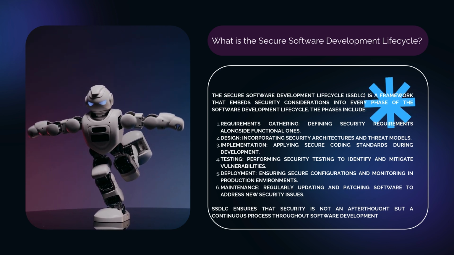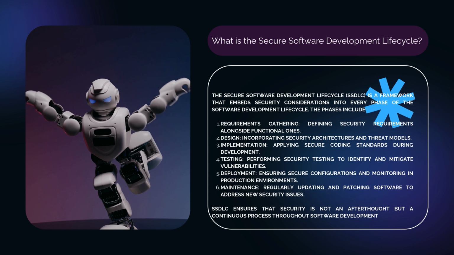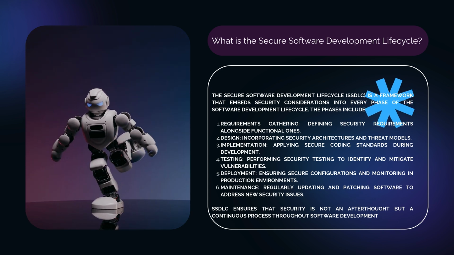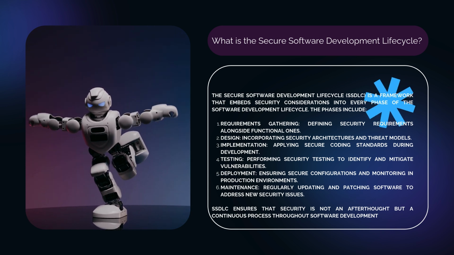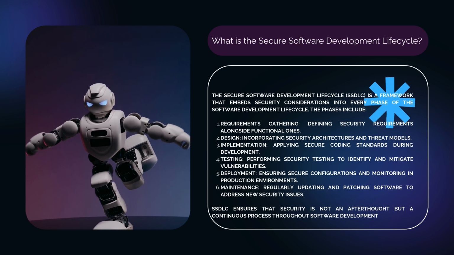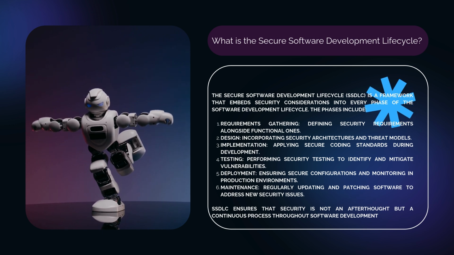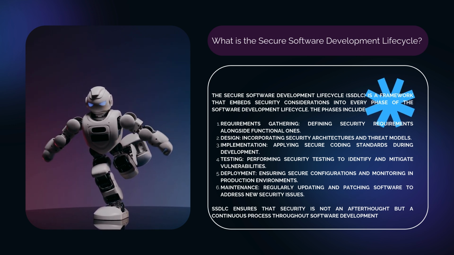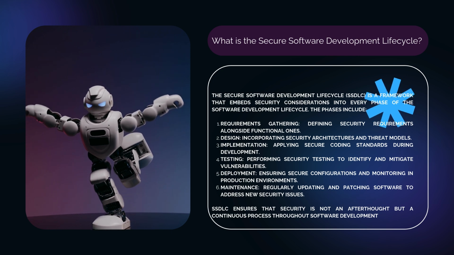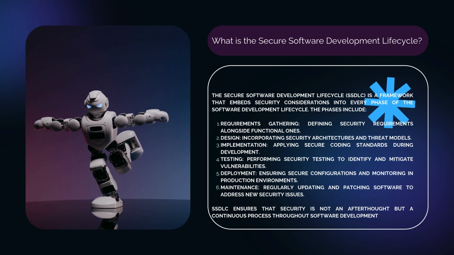Your testing, where you're performing security testing to identify and mitigate vulnerabilities. And then deployment, where you're ensuring secure configurations and monitoring in the production environments. In your maintenance phase, you're regularly updating and patching software to address new security issues. So the SSDLC ensures that security is not an afterthought, but a continuous process throughout the software development.